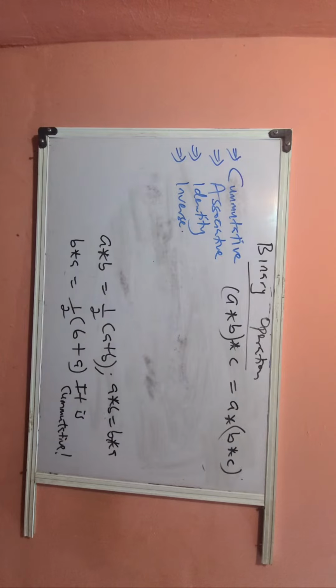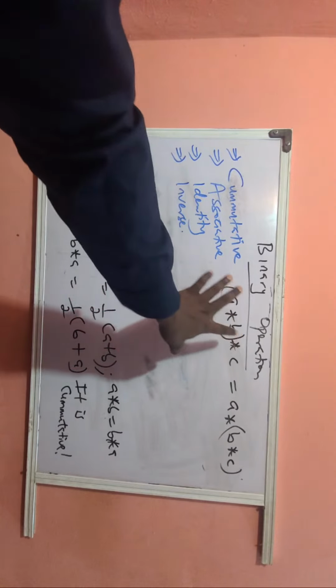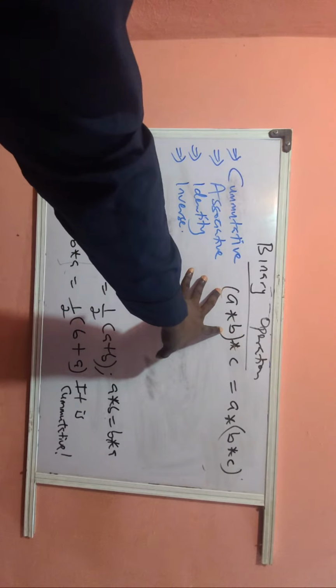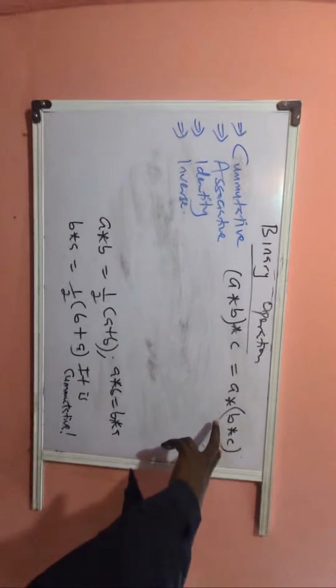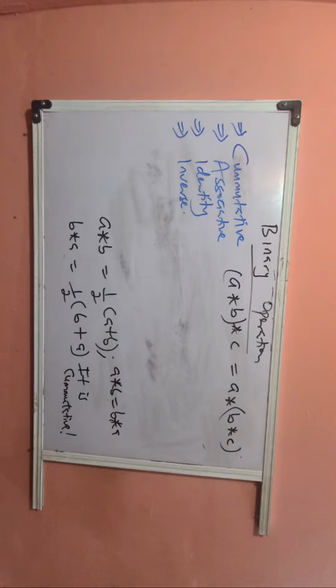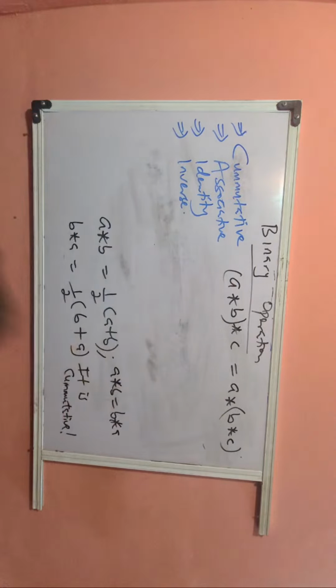You may not understand until you start to solve. A star B star C. You can see right here that A star B is in a bracket here, and here B star C is in a bracket here. For you to decide that something is associative, what you have here must be equal to what you have here.